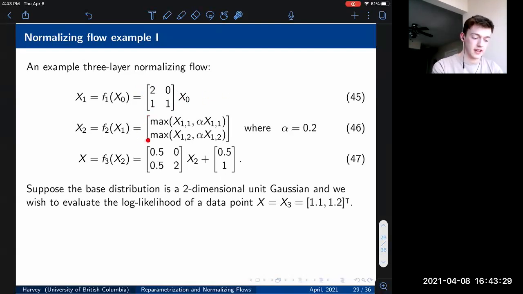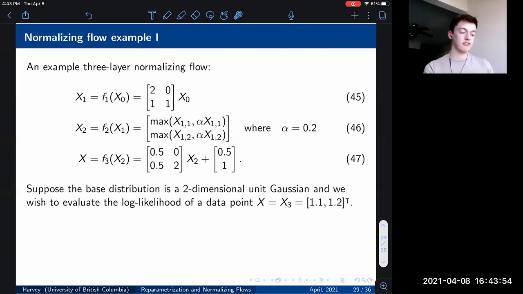Then we have an element-wise transformation, which is a leaky ReLU with parameter alpha 0.2. And then we end with another affine transformation with a bias term. I've written out all the numbers. I think it's quite boring to go through it in too much detail, but I'll go over roughly what we're doing.